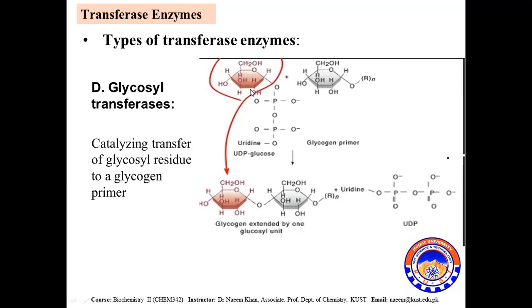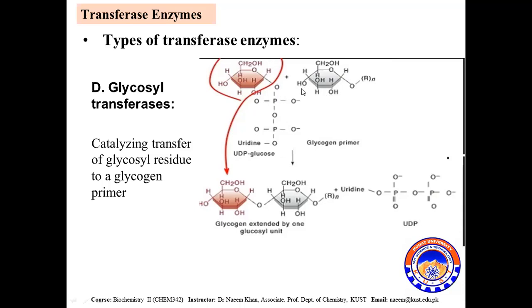In the biosynthesis of glycogen, this compound is synthesized, and then it is brought to the glycogen synthesizing end. This is a primer. The primer is usually the remaining glycogen part, or it may be protein if the glycogen is completely exhausted, but normally it is remaining glycogen.